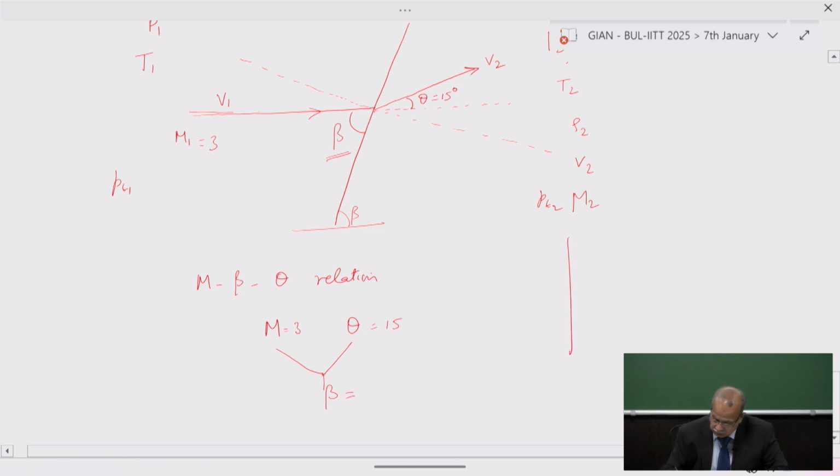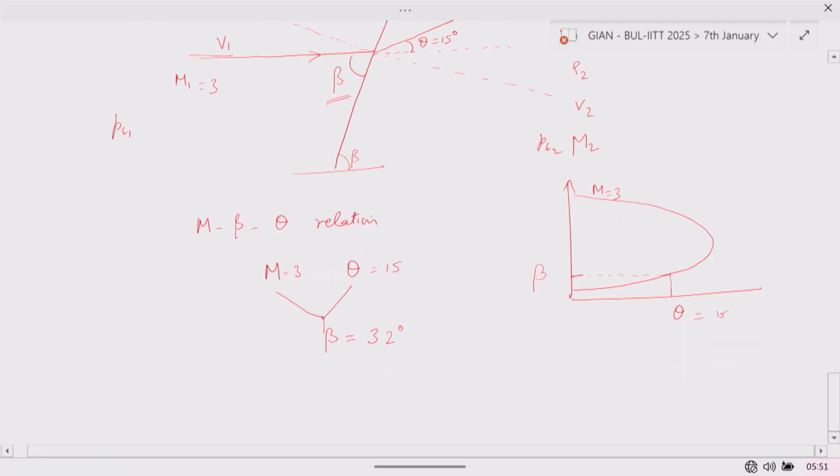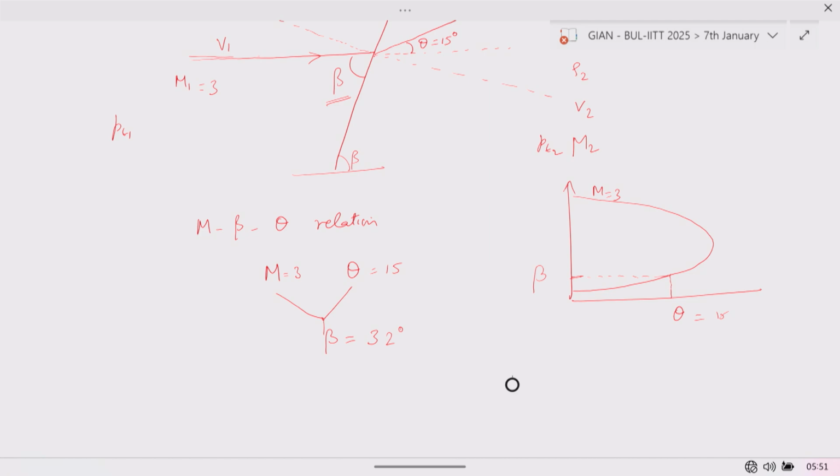To do that, go to this graph, find the value for M equal to 3, and find the value of theta equal to 15 somewhere here, and then project it to find beta. So what is the angle you get for beta? 32 degrees. Now we know that. All of you got this one?